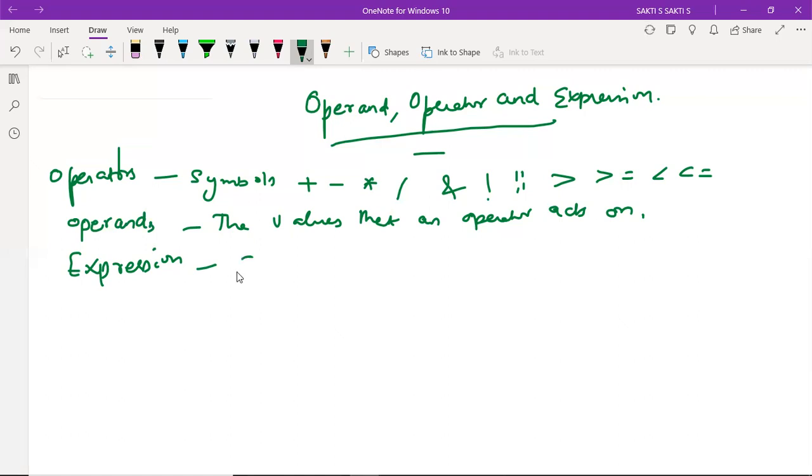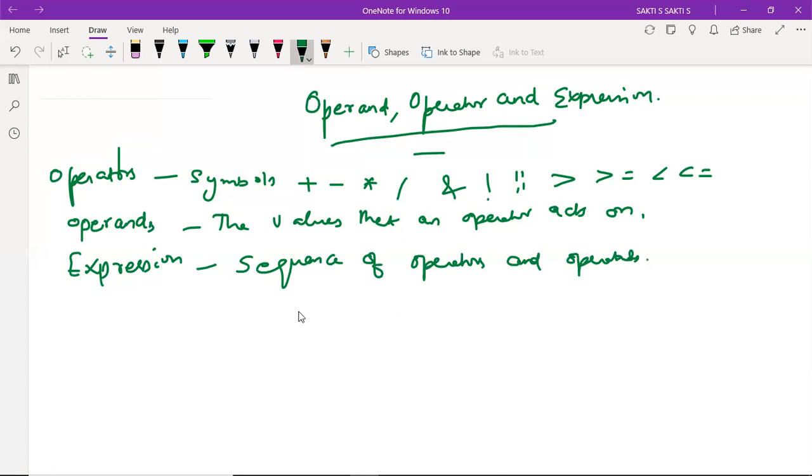Let me give you a definition first. A sequence of operators, the symbols, and the values, operands, makes up an expression.